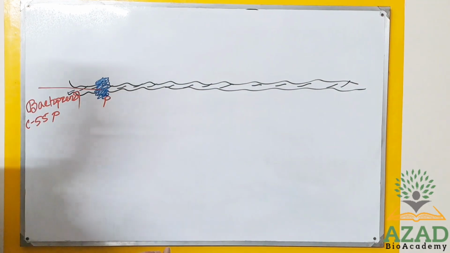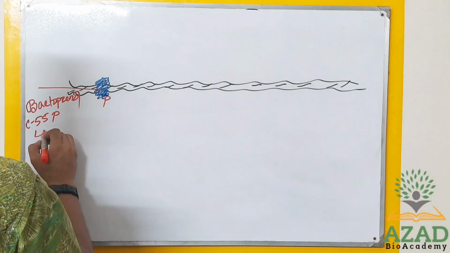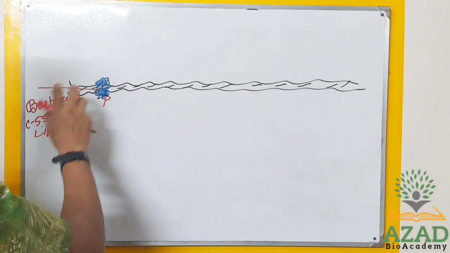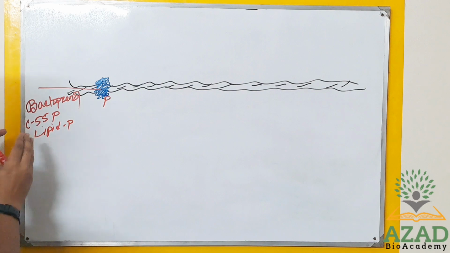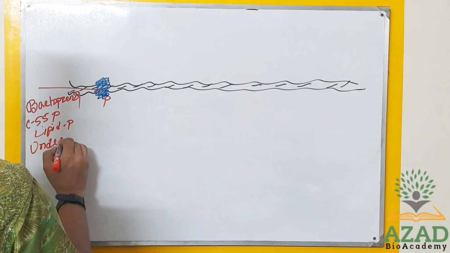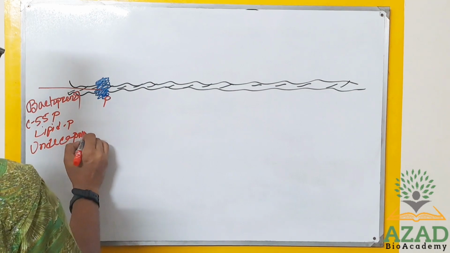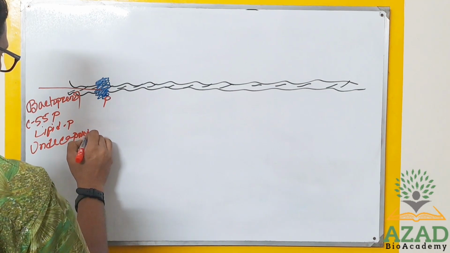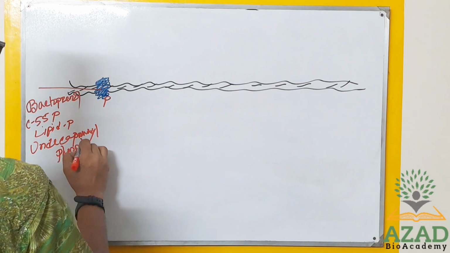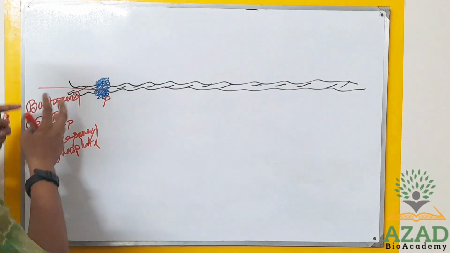So C55P, you can say simply lipid P, lipid phosphate, or in another chemical name, undecaprenyl phosphate.